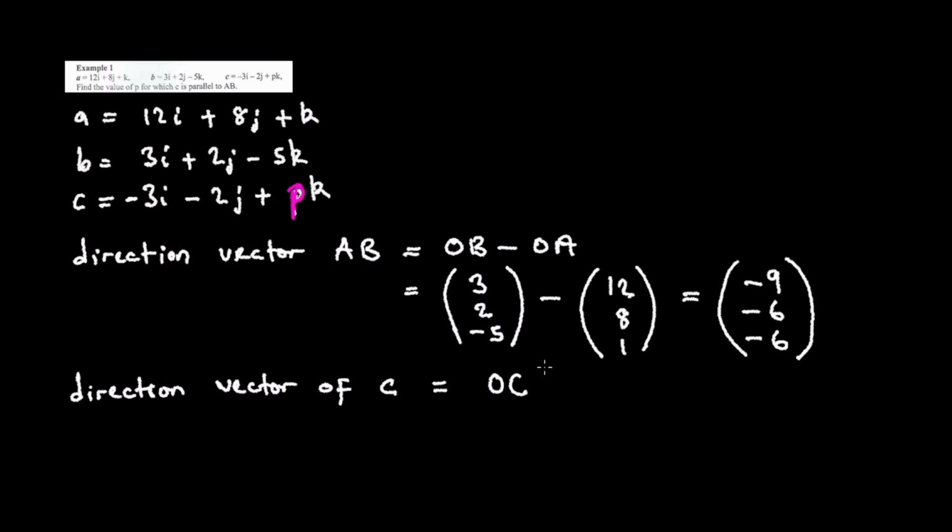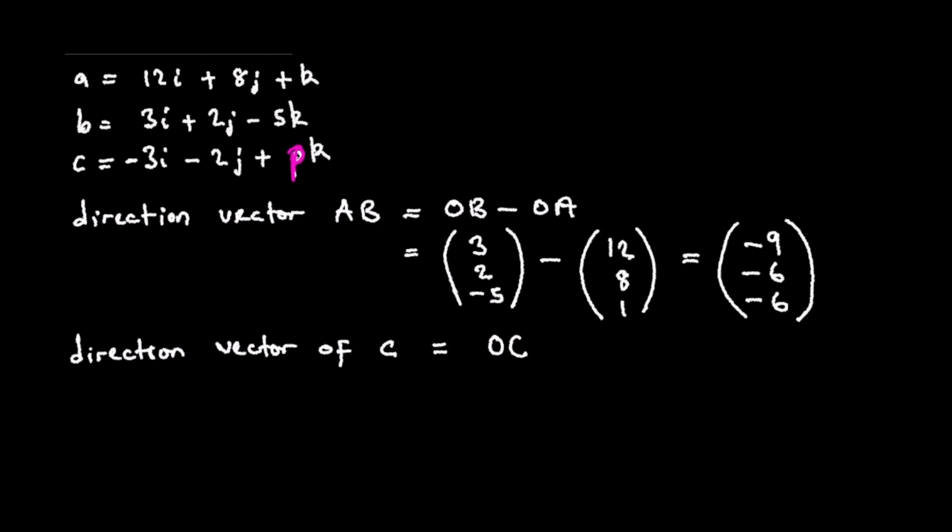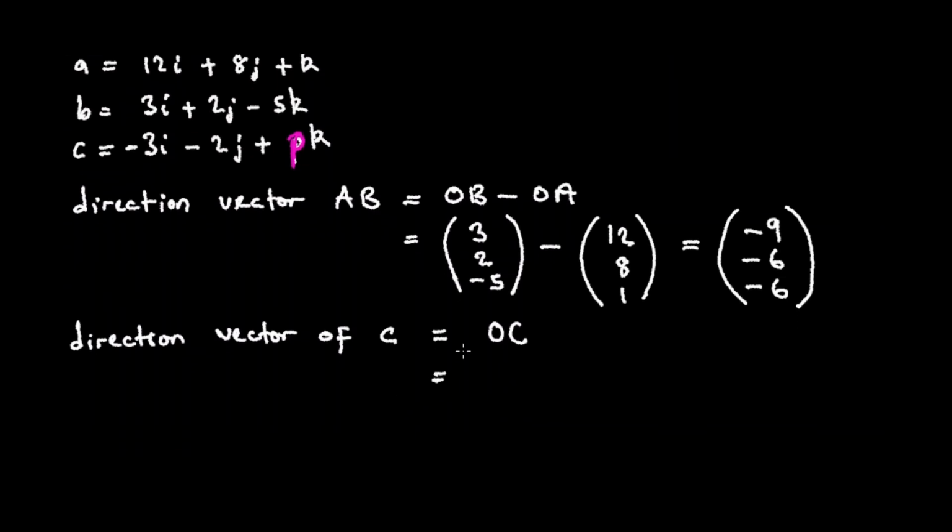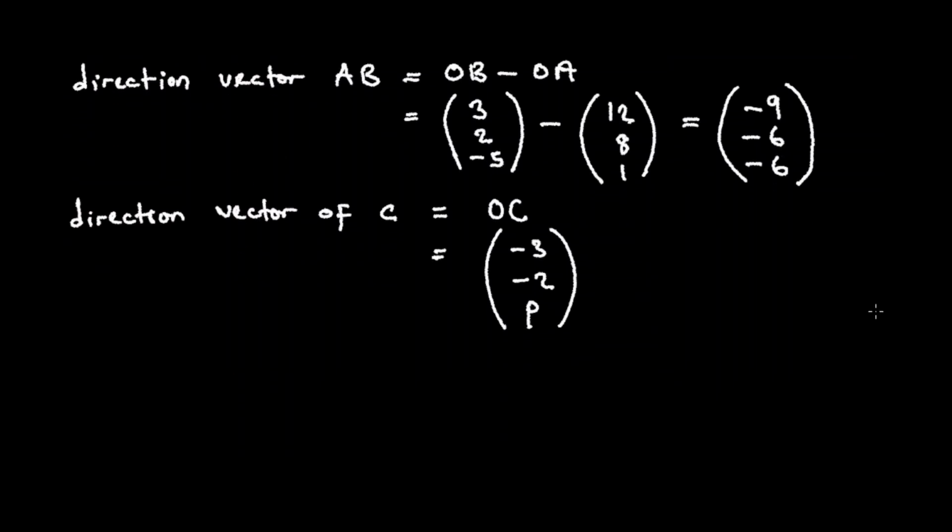So for OC, we just take the coefficients: -3, -2, and p. Then we know that for parallel lines, direction vectors are equal.